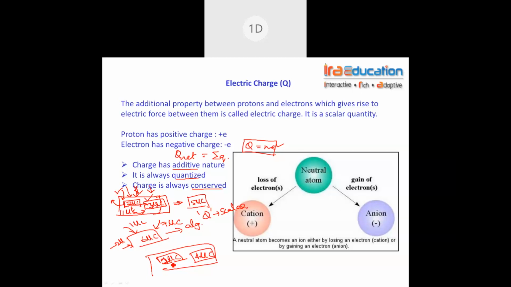What you should understand over here is, this is a Q1, this is a Q2. Whatever decrease in charge was observed in Q1 is the same increase in charge that is observed in Q2. Meaning to say that charge is transferred from one body to another, but it is neither created nor destroyed. Meaning to say it is conserved.